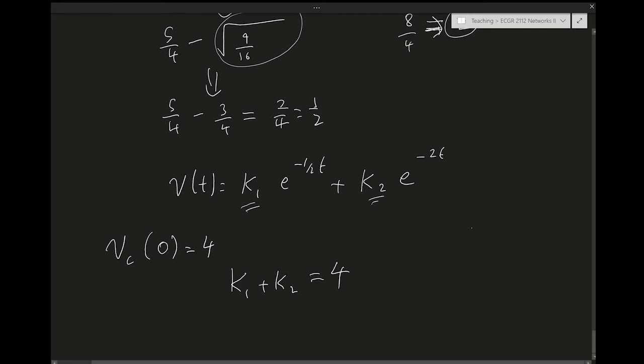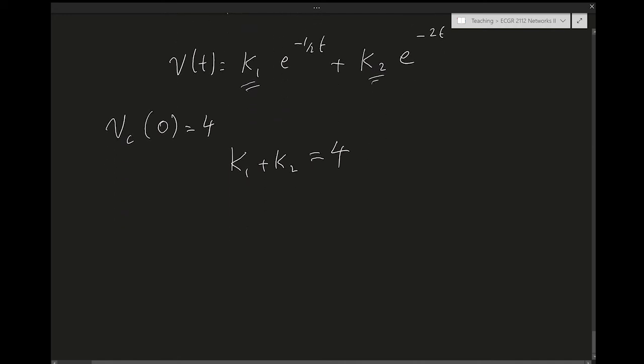We could have had dV by dt, but we don't have that. What we have is the inductor current. So we need to go back to the circuit. So we have R, L, C, and see how we can extract the second initial condition from the inductor current.